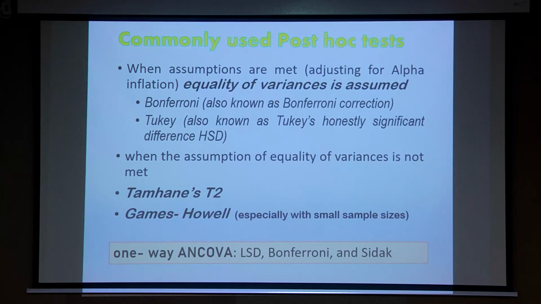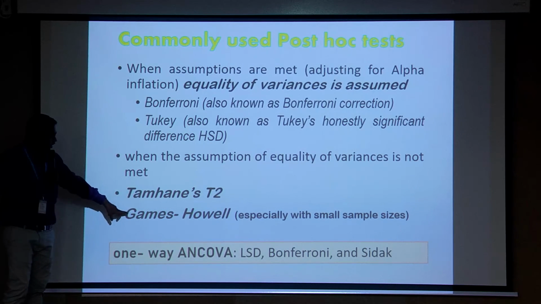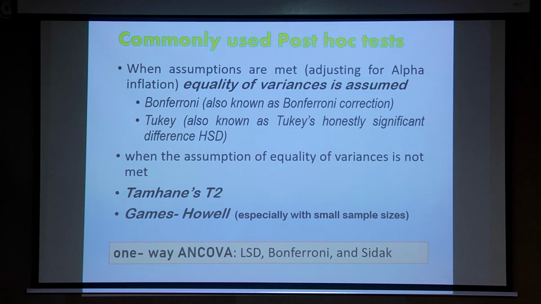Bonferroni and Tukey's B corrections are the common ones we use, and Games-Howell for a smaller sample size if the assumptions are not met.